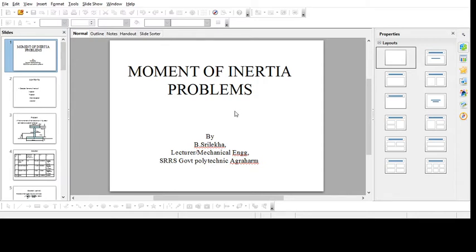So the first rectangle is 50 by 10 and the second rectangle is 80 by 10. Next, that is what we have divided the given section into two rectangles. Next, area of the first rectangle is 80 into 10, it is 800 mm square. Next, area of the second rectangle is A2 is equal to 50 into 10, that is 500 mm square.